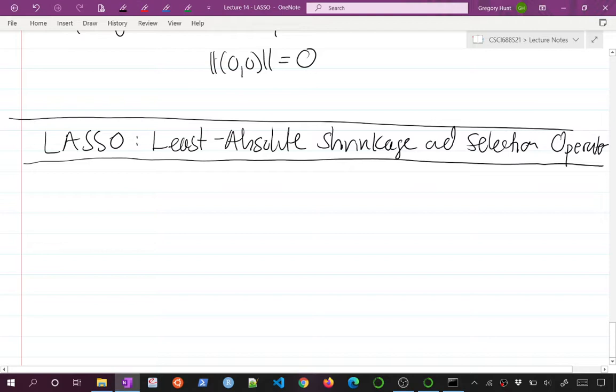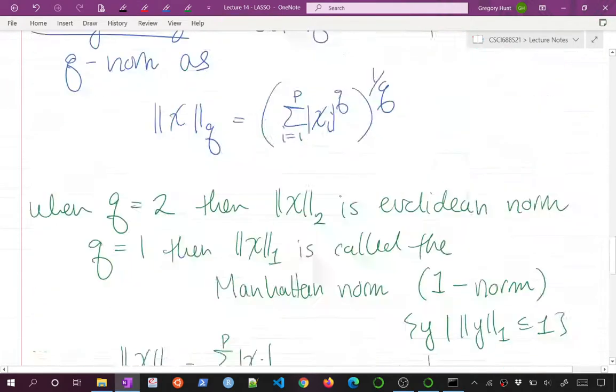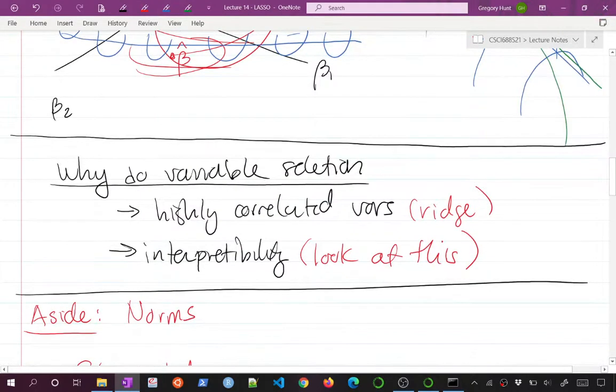And the lasso is very much like ridge regression, but it's going to help answer this second question. The first question was, can we do this variable selection? Can we solve the highly correlated problem in a continuous way? We could with ridge regression, where this continuous parameter lambda adjusted how we dealt with these highly correlated variables.